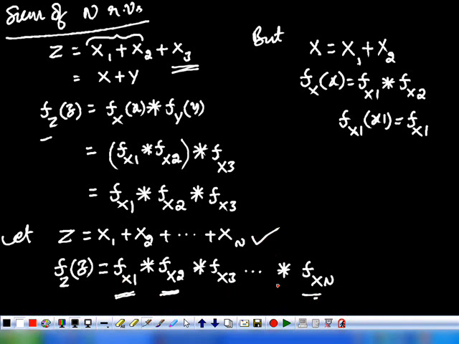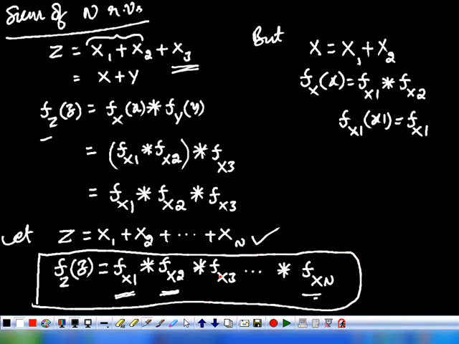So this is the density function of the sum of n statistically independent random variables.